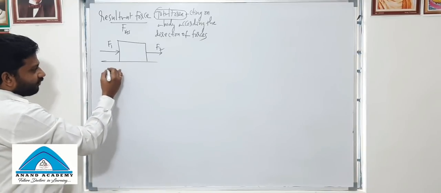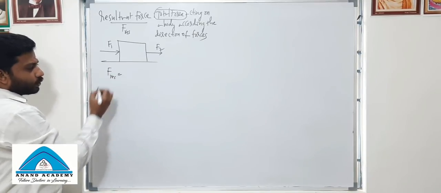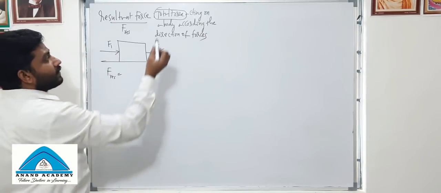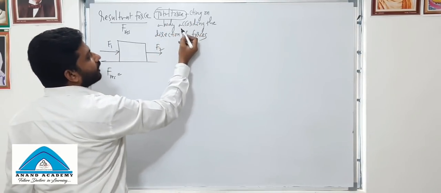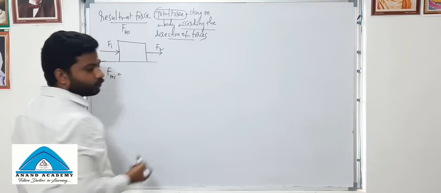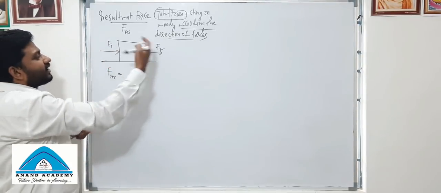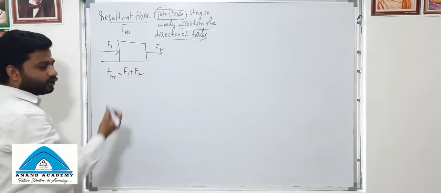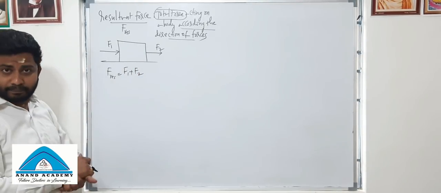So this resultant force in this direction will be equal to, as both the forces are in the same direction, I told you here, the total force acting on a body according to the direction of the forces. As two forces are in the same direction, I can write it as F1 plus F2. We just need to add them up.